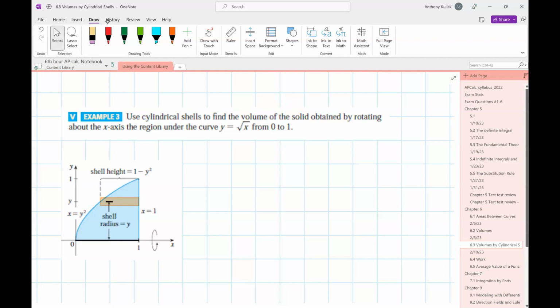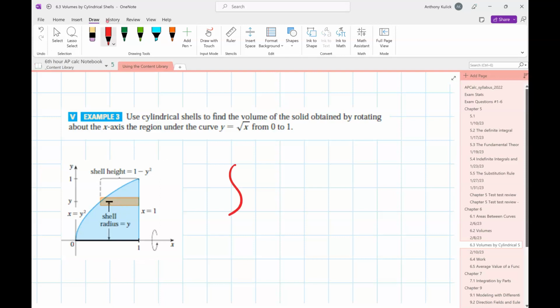In the next class, I'm going to give you a bunch of these problems, and you're going to have to decide which method to use. Because we have 3 methods: discs, washers, and shells. When do I decide which one to use? Because if you picked wrong, it can become a very difficult problem, which is usually a good sign to try something else. But yes, you could absolutely do this with shells. All right.